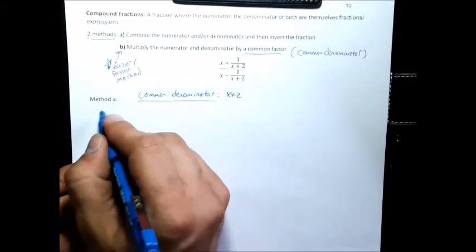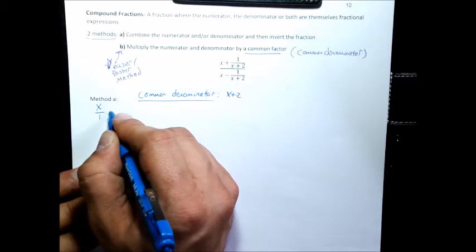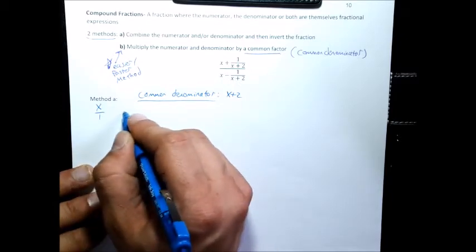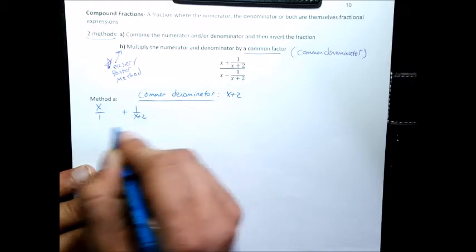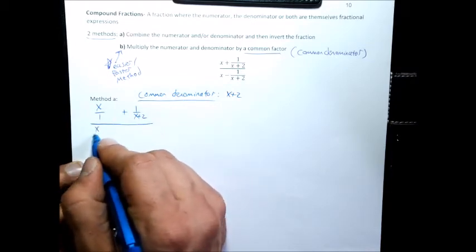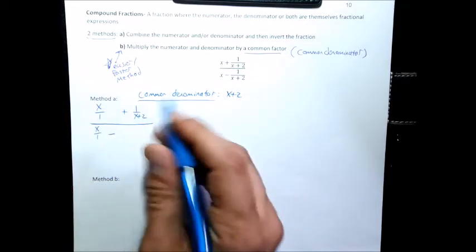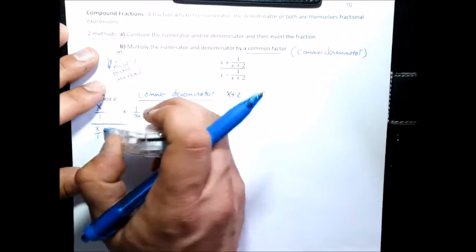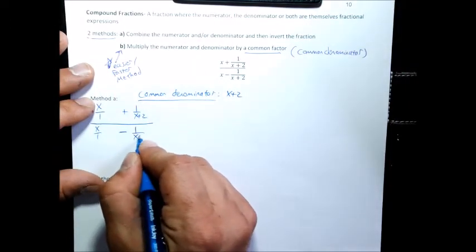Because when I rewrite this problem, it's kind of like we have x over 1, and I would leave some space there, plus 1 over x plus 2, and it's being divided by x over 1 minus, I would also leave some space there, I didn't follow my own suggestion, minus 1 over x plus 2.